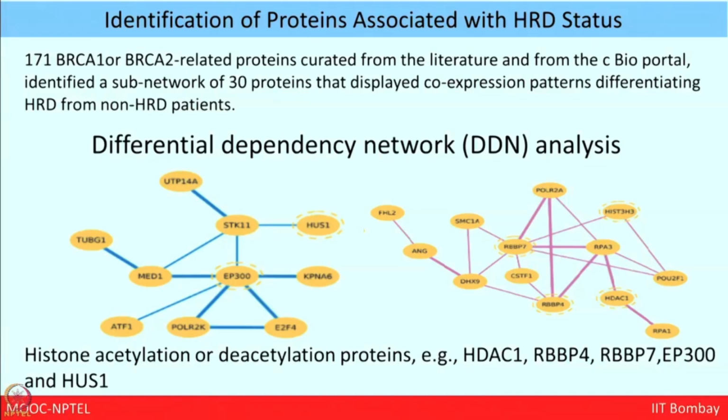From this DDN analysis, they found that histone acetylation or deacetylation proteins are coming into the clusters, which includes HDAC1, RBP4, RBP7, EP300 and HUS1. So, from this part of the study, they understood that histone acetylation and deacetylation are playing an important role.